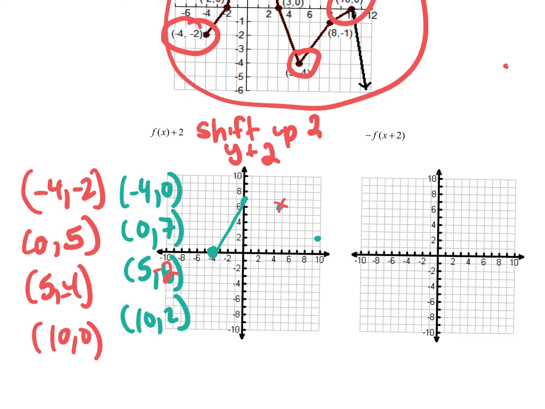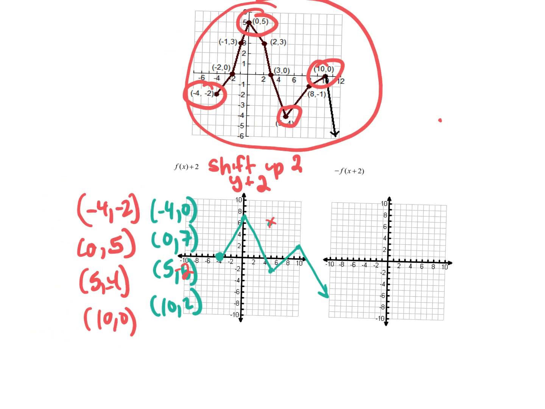That would make more sense. So ignore that one. (5, -2) will make the graph look more like what it's supposed to. So it goes here, and then it goes back up, and then it continues down. Again, you've got to start with the right points or you get the wrong graph. So there you go. You can see that teal graph looks the same as that black graph essentially, except it's been shifted up 2 units.